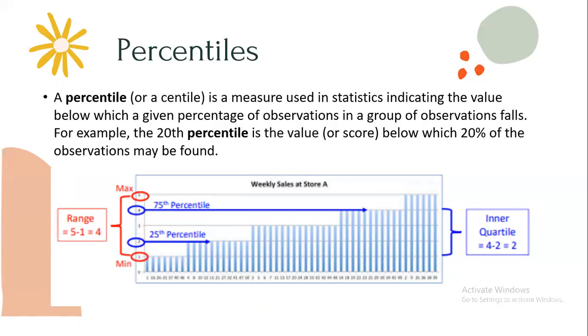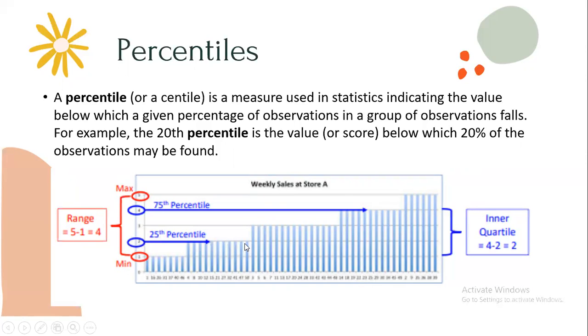Since there are 5 various options, the 25th percentile is going to land right around here. The 25th percentile basically means everything below 25%.